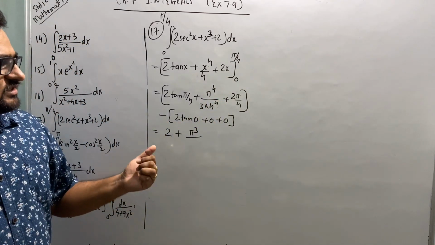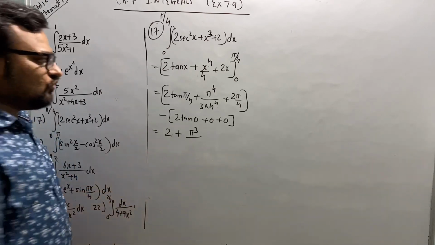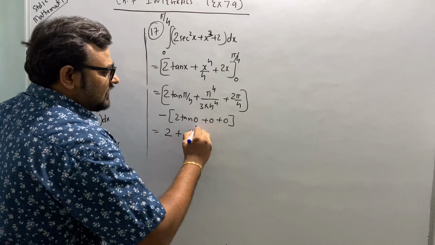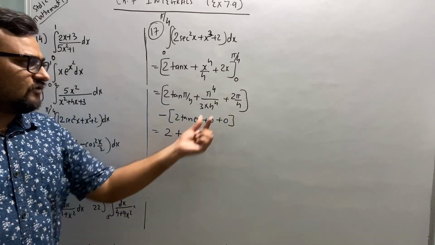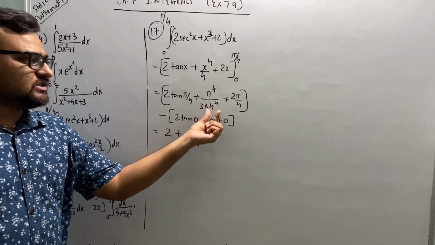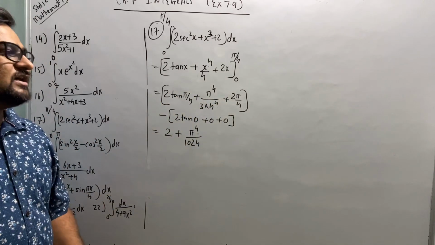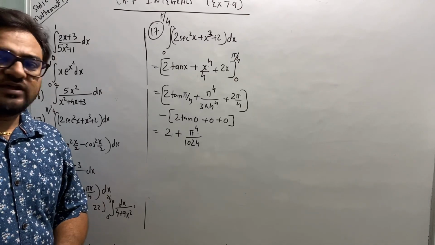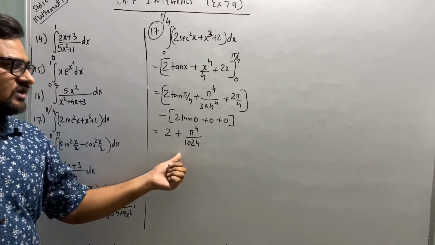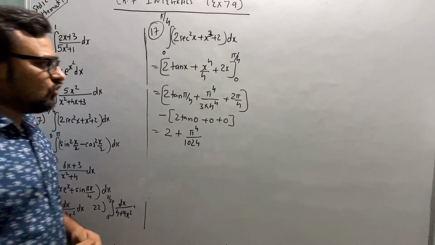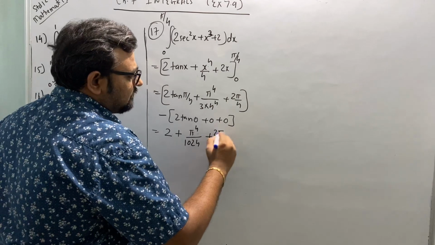So it's 16, 64, 200. It will be 1024. Pi raised to 4 upon 1024. Okay, 4 raised to 4, that is 4 into 4 16, 16 into 4 is 64. Okay, 64 into 4, that is 256, into 3, that is 1024, plus 2 pi by 4.